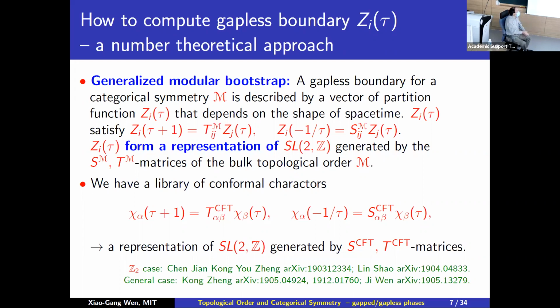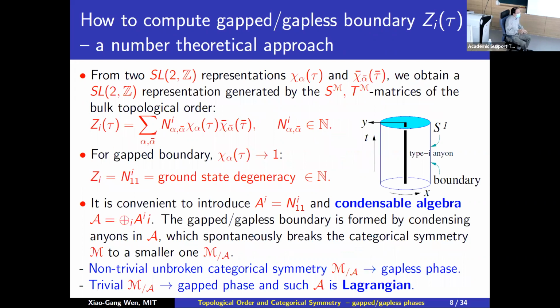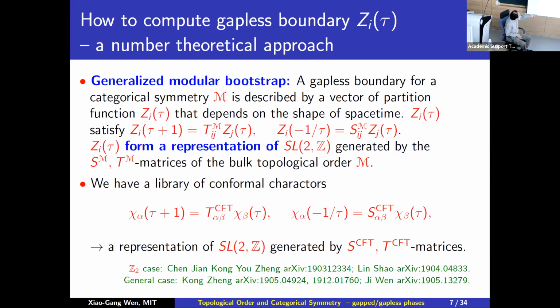Then we use that knowledge, not physics, just mathematical knowledge, to construct the ZI, which transforms under the given SMTM. So we don't even need to know the conformal field theory. We just need to know some functions that transform like this. And we do have a library of those functions transforming under a library of SCFT and TCFT.